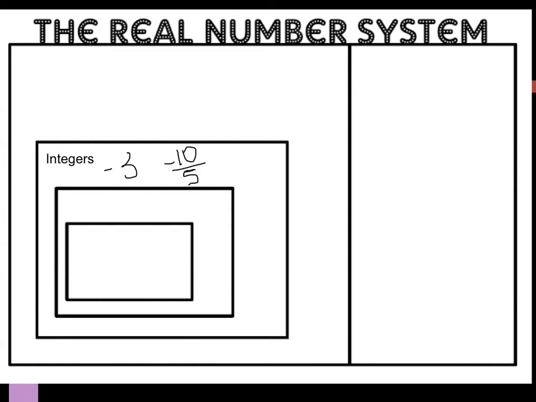Negative 10/5, negative 10 divided by 5, is negative 2. So that's a natural number's opposite. You might have negative 4. All of these are integers, as well as 0 and all of our natural numbers.